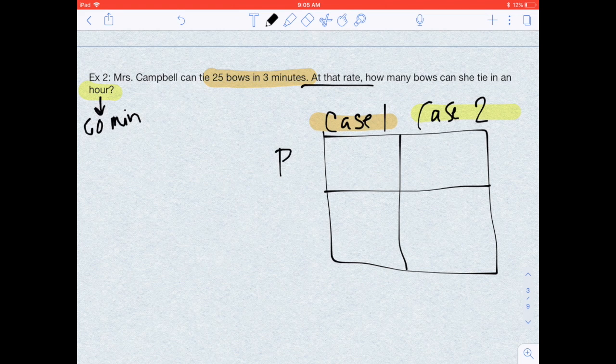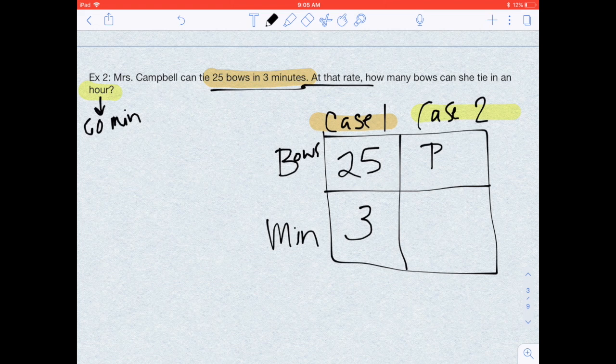So she does bows per minute. 25 bows in 3 minutes is case 1. Case 2, I don't know how many bows she can tie, but I know it's asking me in 1 hour, which is the same as 60 minutes. If you put a 1 where I put this 60, you're not using the same units. It's not going to be the same relationship. It's going to mess up your numbers. Make sure you're putting it in minutes.